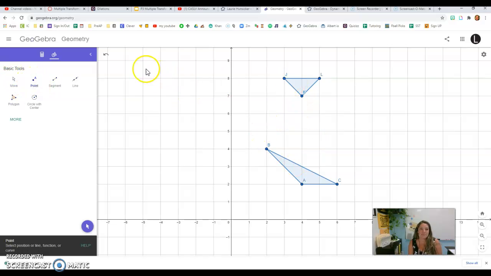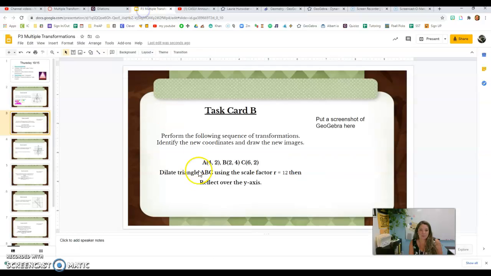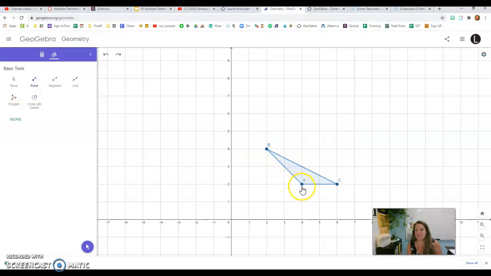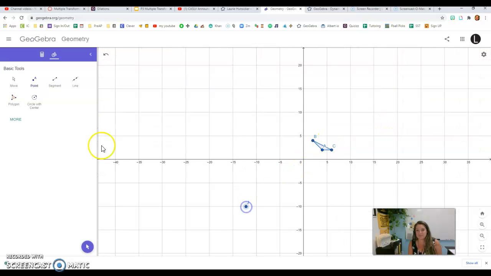Okay, but this triangle, let me go back. These are the points. Okay. If I go back and look at the problem, it says that the scale factor is 12. So you're going to have to multiply those points by 12. So 4 times 12 is 48, and then 2 times 12 is 24. So if I zoom out, whoops, I didn't mean to put that point there. Let me move this.